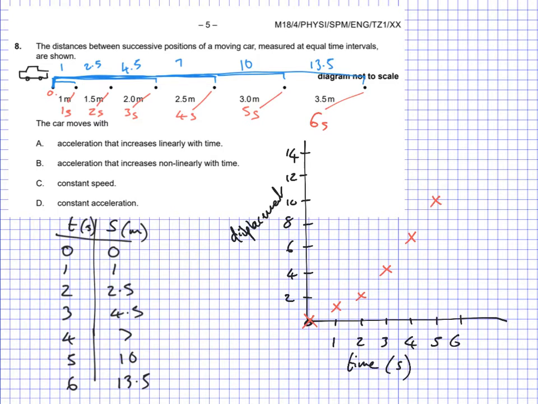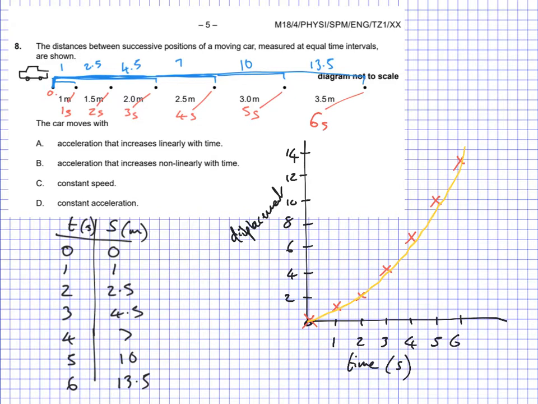And 6 and 13.5, so all the way up here. Now, hopefully you can see what's happening with this graph. It is curving upwards. It's going exponentially up. That's not a very good line of best fit, but you get the idea. So if we were to take a tangent line, what would this tell us?